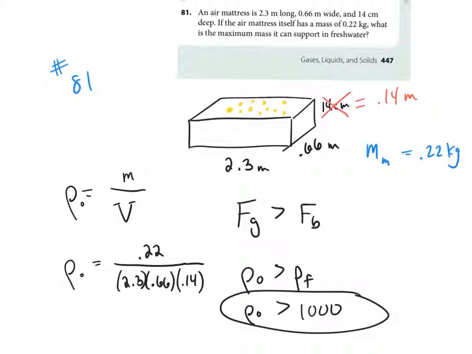Everybody agree with me? You're taking a number like 0.22 and dividing it by another number that's bigger. Or a number that's, well, maybe not greater than 1, depending on what happens here. But it's not going to be greater than 1,000. You can tell by just inspection. You don't have to do the math. But what are we doing to this mattress? We're adding what to it? In this case, we're going to say mass. But yes, weight works. But mass, because we're using mass here. So what I need to do is recognize that the gold coins do not contribute any volume.